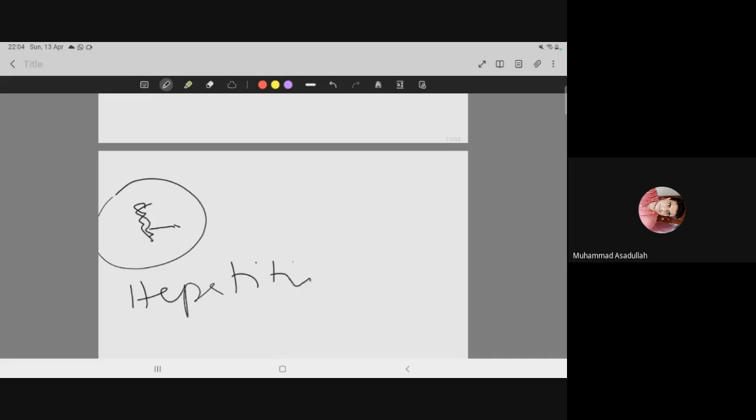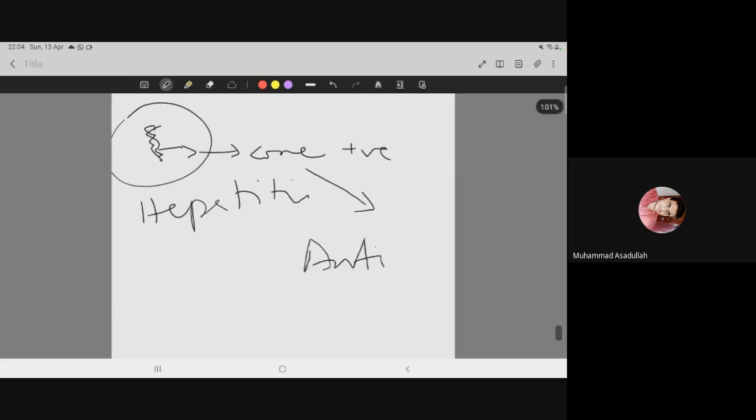This antigen is a part of your core, and if this core is positive, it means you are infected. If you develop antibody against this core, it means you are recovering, or in the window phase, or in the acute phase, but this is going to stick inside your blood always.